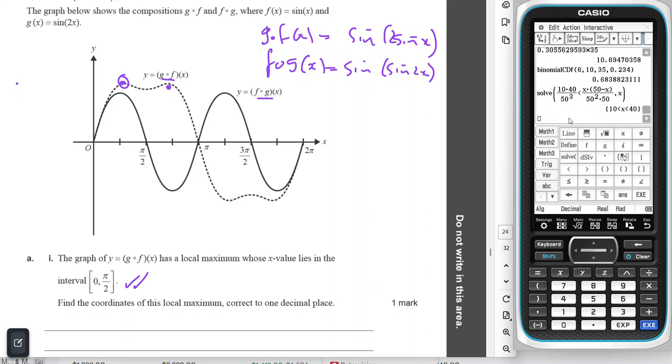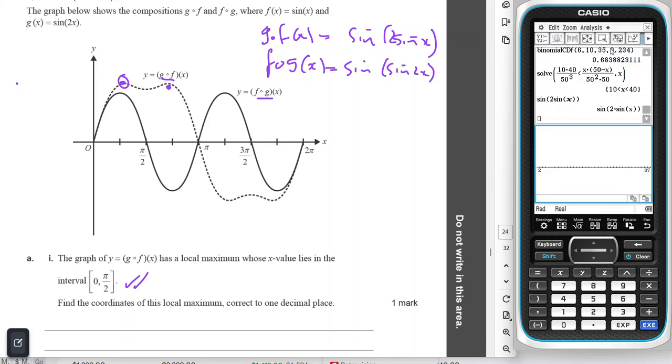Okay, so if I was to graph g∘f, see if I can get it in a nice form straight from the calculator, sine of sine x, close bracket twice.